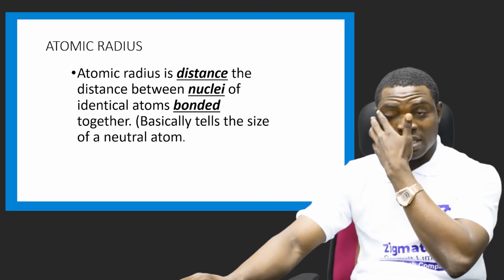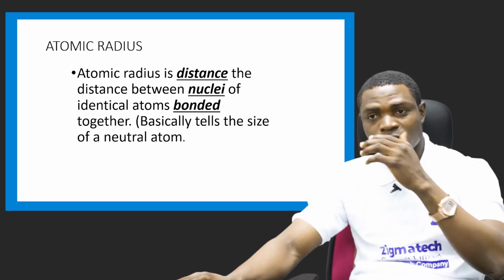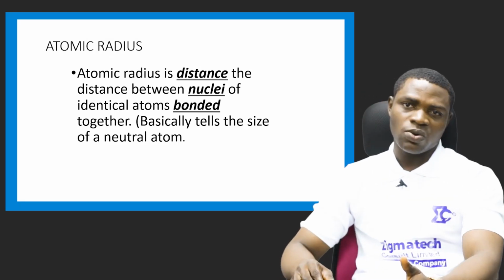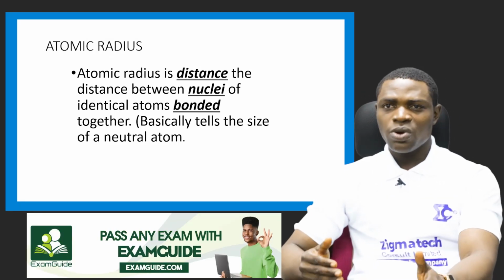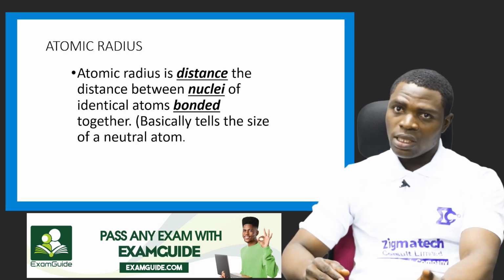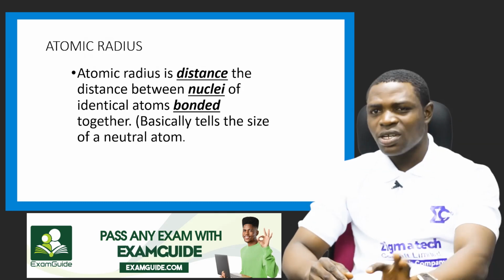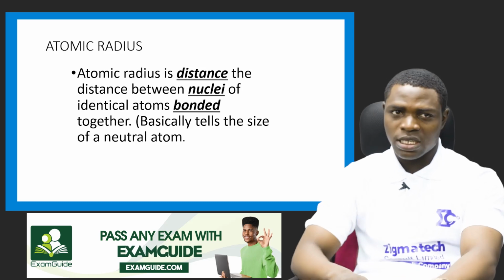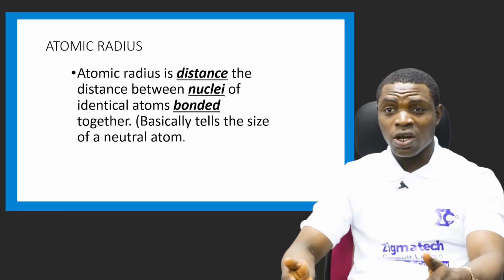Now let's talk about the second concept on the periodic table. The second trend we are tracing is atomic radius. I told you the atomic radius and ionic radius are two different concepts that you must understand in the course of this teaching.